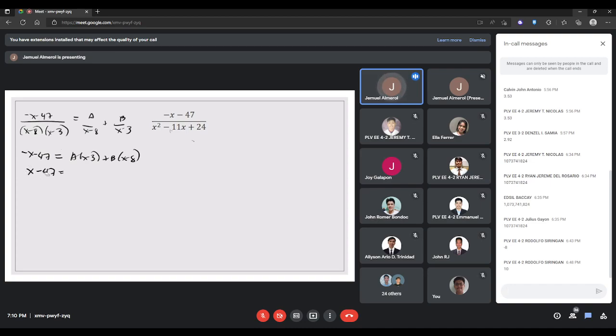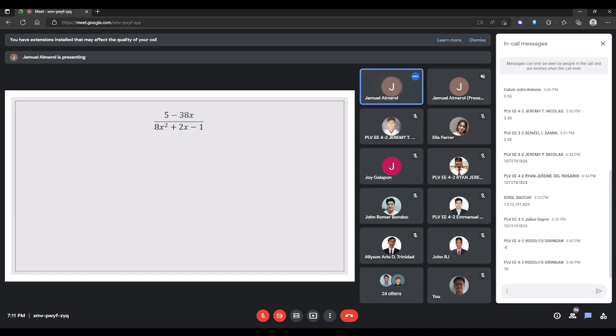Kuha muna tayo ng roots pala. When x equal to 8. So, negative 8 minus 47 is equal to, ito ay cancel na kasi 8 minus 8 yan. So, a times 8 minus 3. Negative 55 equal to 5a. For our a would be negative 11.